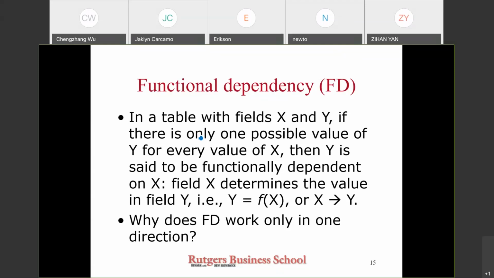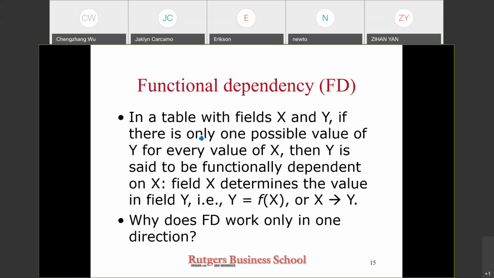In a table with fields x and y, if there's only one possible value of y for every value of x, then in this case, y is said to be functionally dependent on x. In simple terms, field x determines the value in field y.